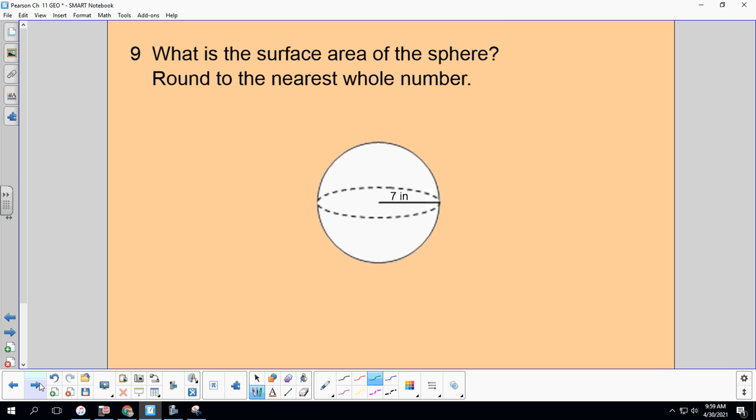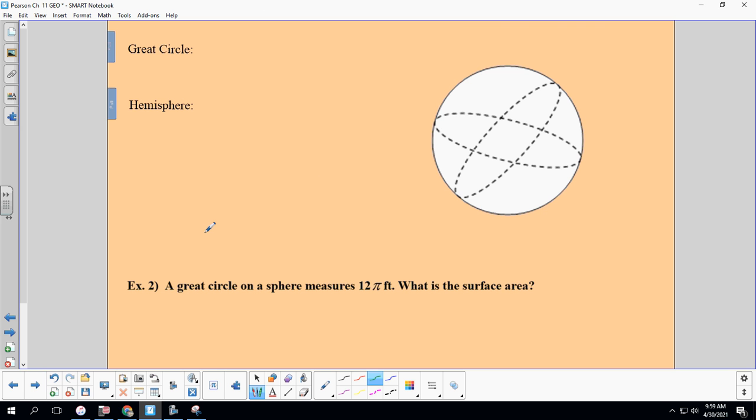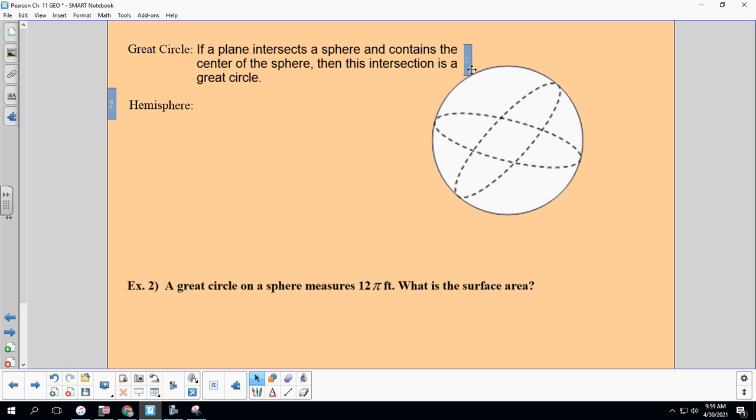Okay, let's go apply this. I'm going to skip over this one. Let's talk about the great circle. Here's the definition of great circle.